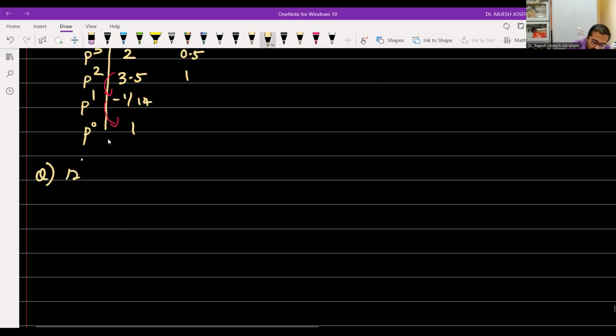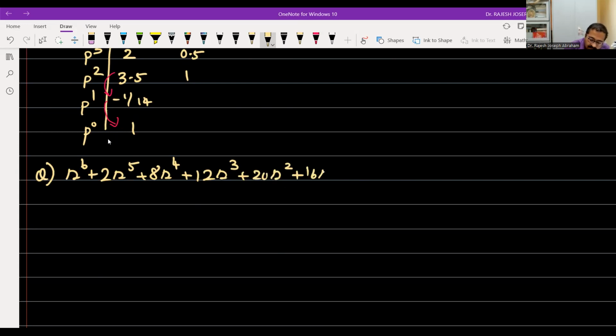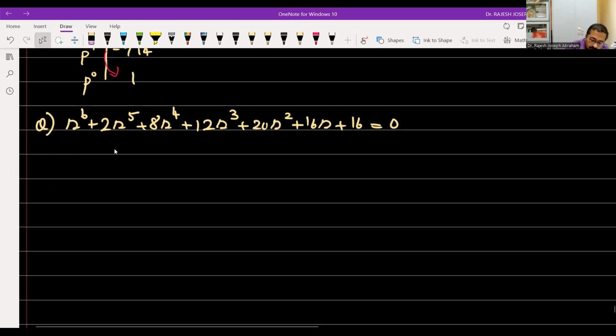S raised to 6 plus 2s raised to 5 plus 8s raised to 4 plus 12s cube plus 20s square plus 16s plus 16 equal to 0. Again, we will start with the routh table.